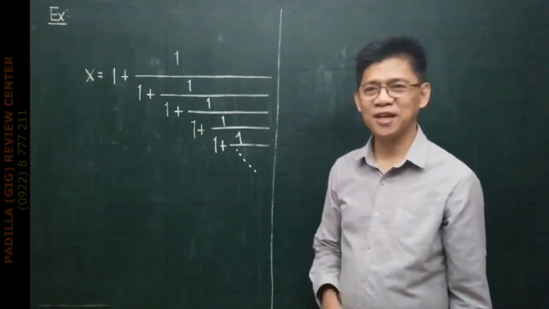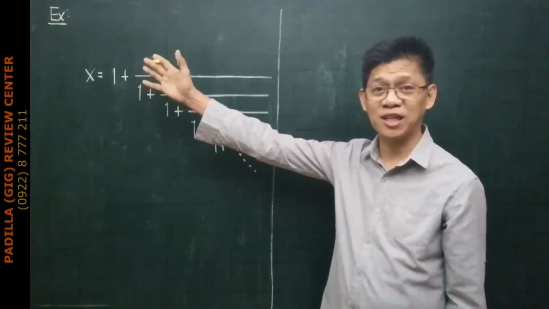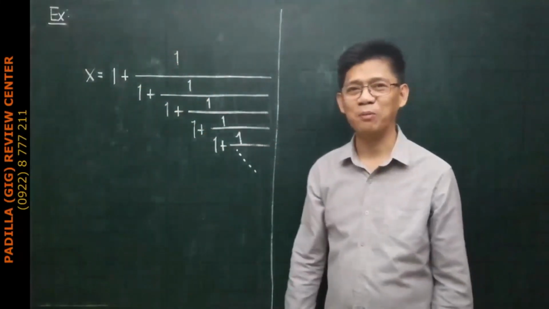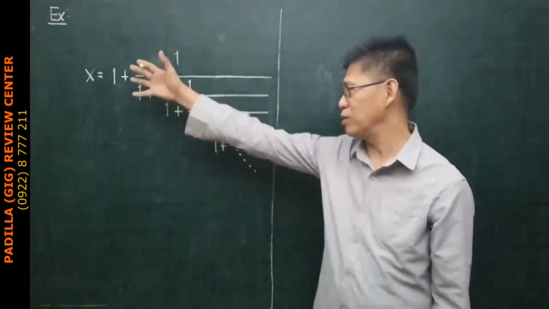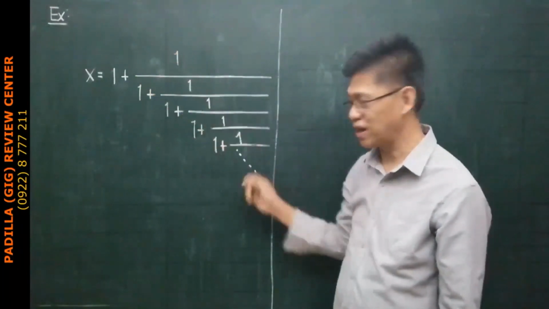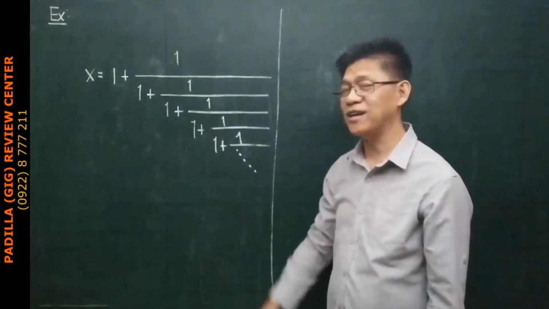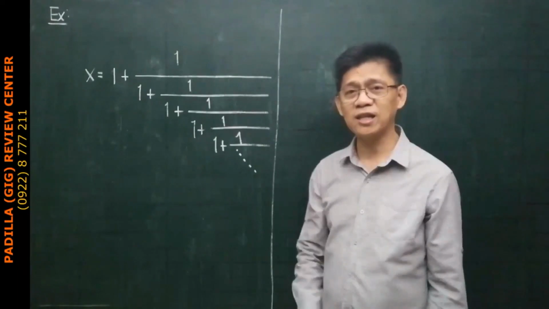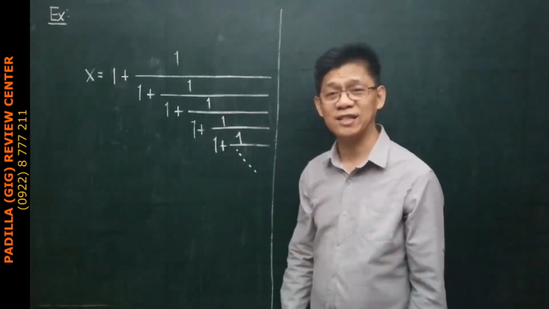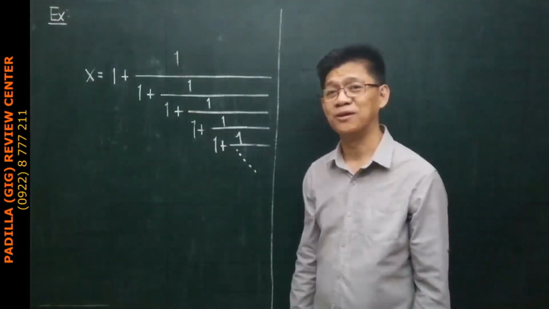So that you will understand this better, let me illustrate the Padilla's Beach analogy by using this problem. We are asked here to find the value of x. Even if you calculate this, you cannot input this in your calculator because this is infinite in number. So the technique here is apply the Padilla's Beach analogy. You first identify what is the term here and process that is infinite in number.